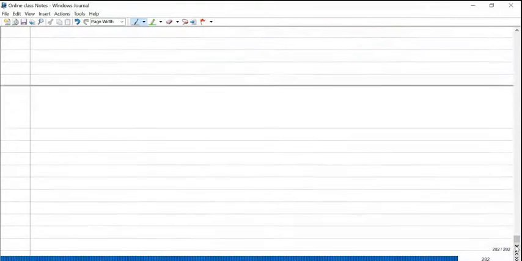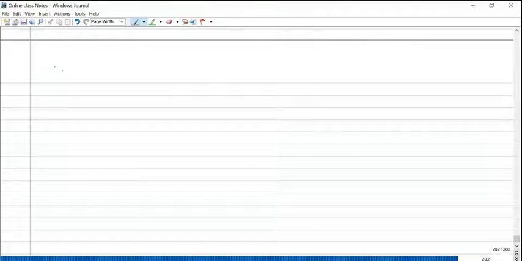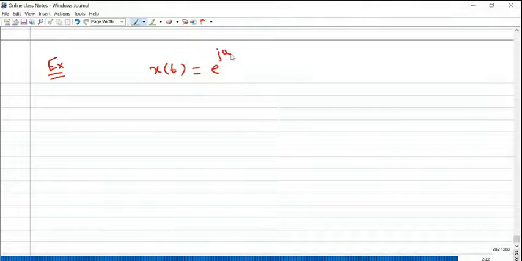Based on this property, one problem we will discuss. Example: find the Fourier transform of e power j omega naught t u of t using Fourier transform properties. Let us assume u of t is our x of t.